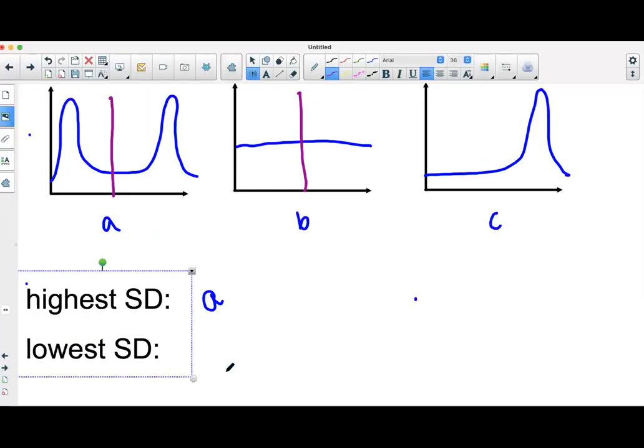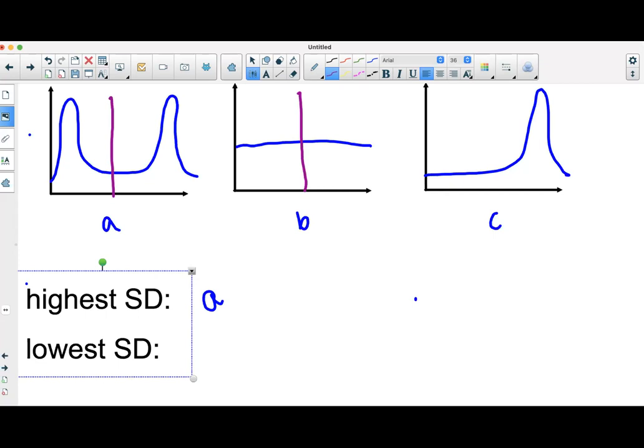Now, how about the lowest standard deviation? Since A is the highest, between B and C, which one has a lower standard deviation? Which one of them has the lowest standard deviation?